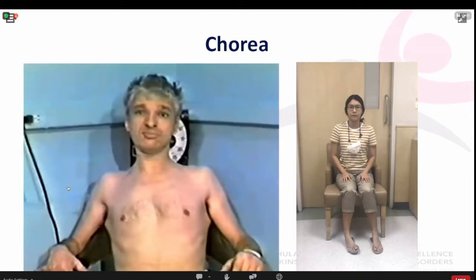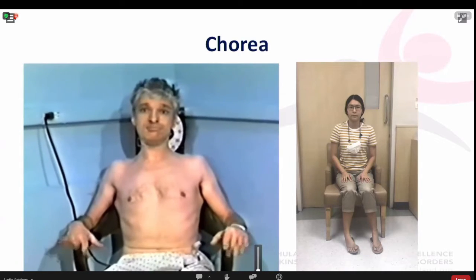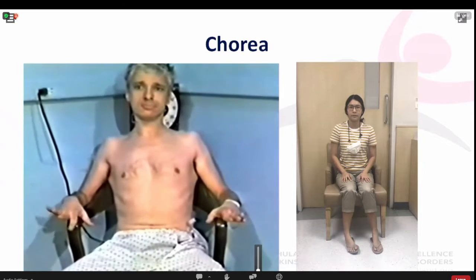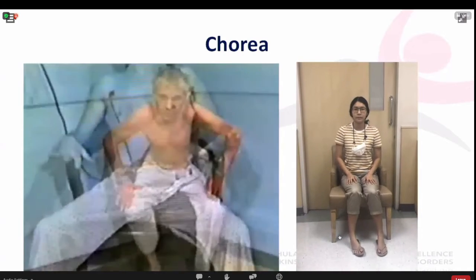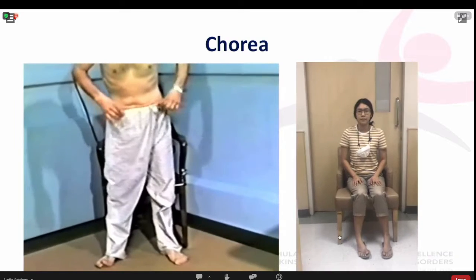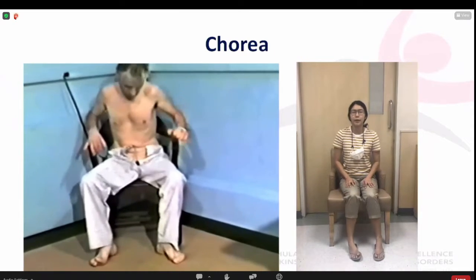These are two patients. The first one I showed you in the morning with Huntington disease. And the second one also has a very mild chorea, milder than the first.